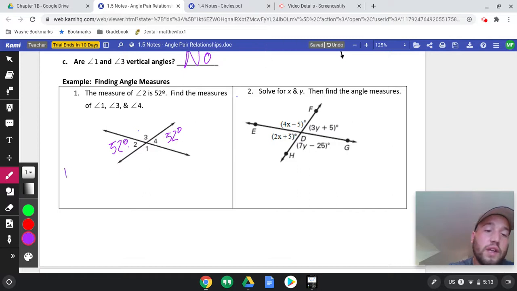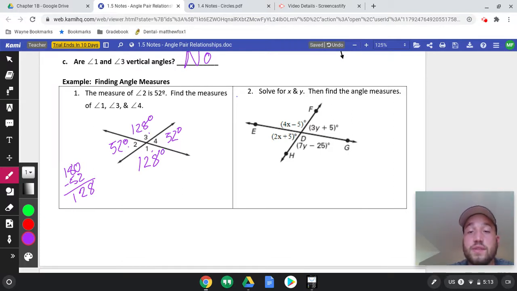So we can take 180 minus that 52, and we'll be left with 128. So we fill that in, 128 degrees here. And we know that 3 and 1 are going to be congruent because they are vertical, so that will also be 128 degrees.